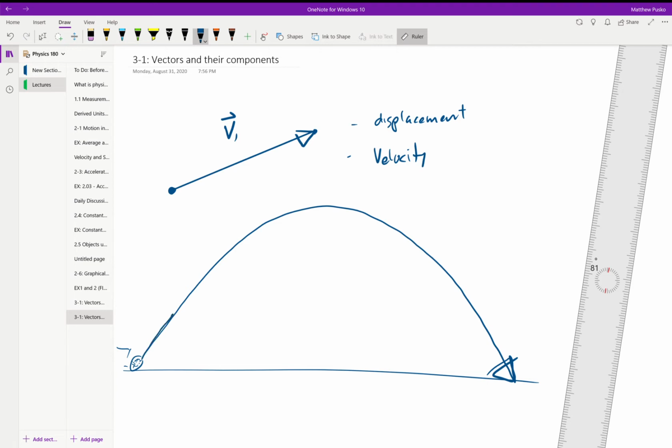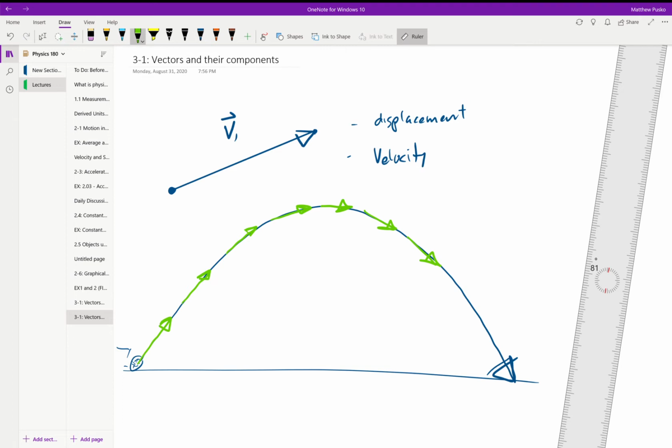In this parabolic trajectory, which we're going to learn about in the next chapter, we will see that the velocity, let me get a different color, if I draw the velocity vector at each spot, it is actually changing. It is changing in magnitude, but it is also changing in direction. Either one of those constitutes what's called an acceleration.